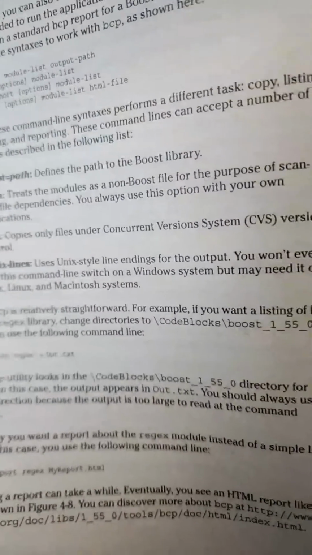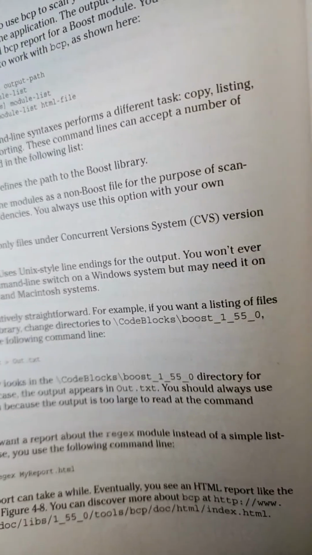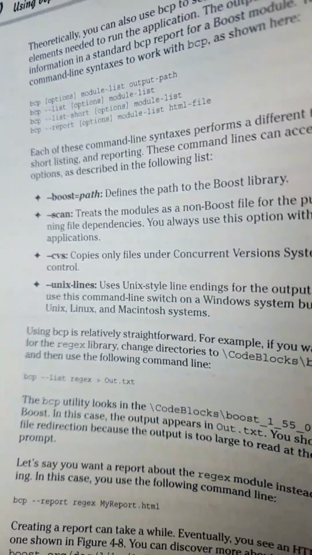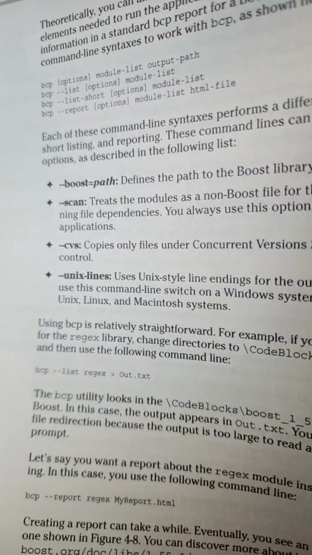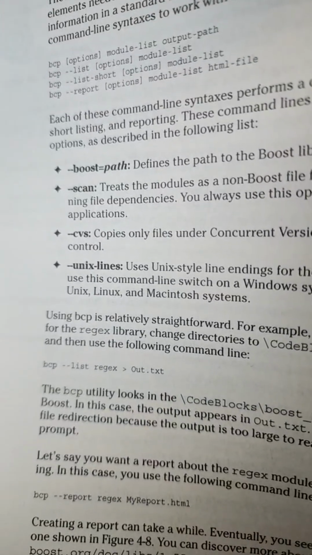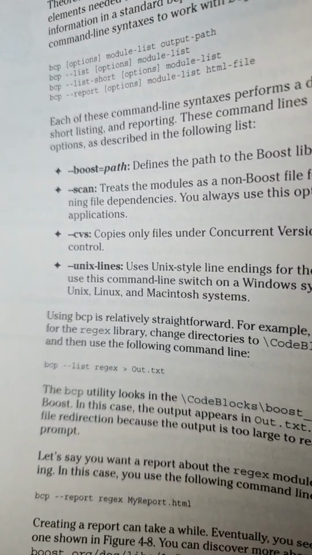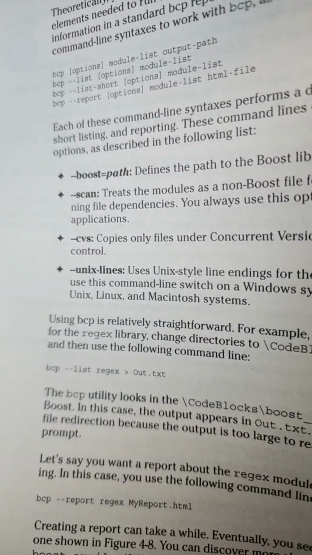Using BCP is relatively straightforward. For example, if you want a listing of files for the regex library, change directories to /codeblocks/boost_1_55_0, and then use the command line bcp --list regex greater than sign out.txt.